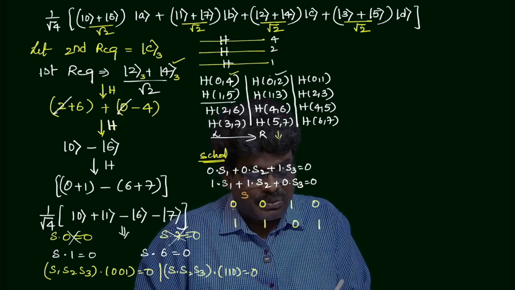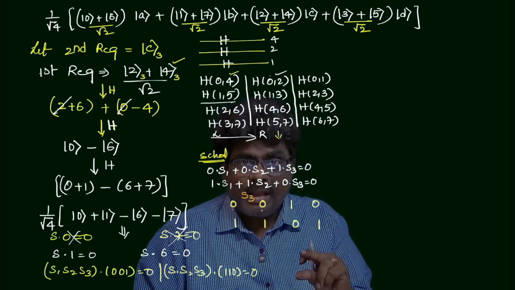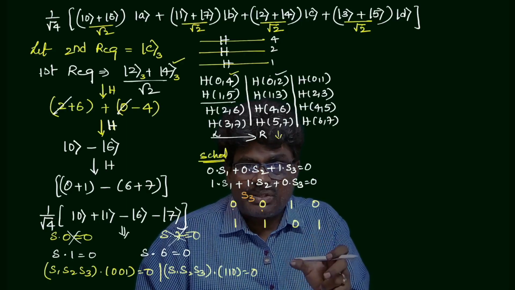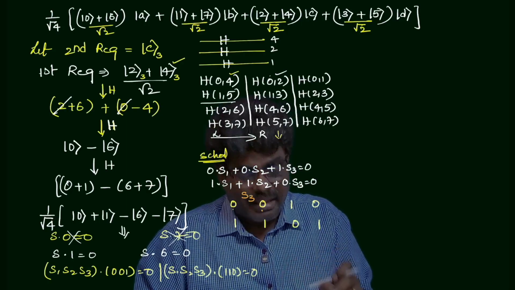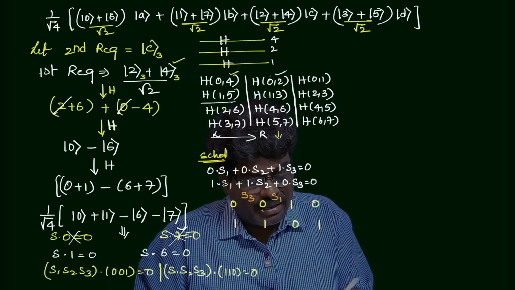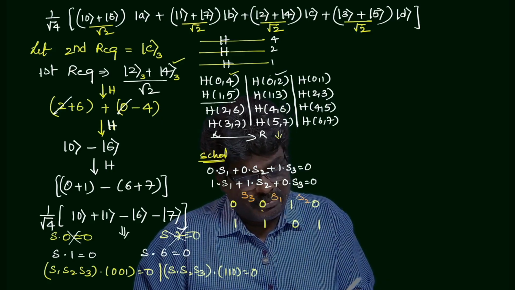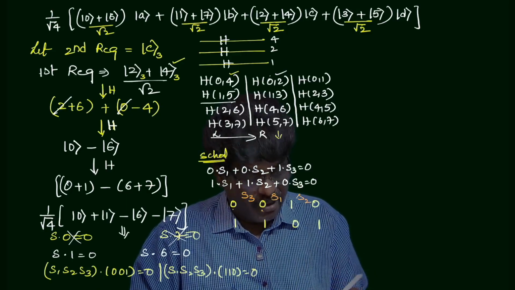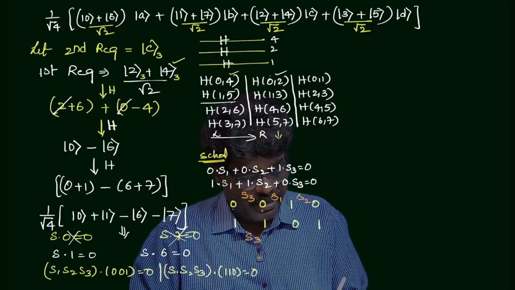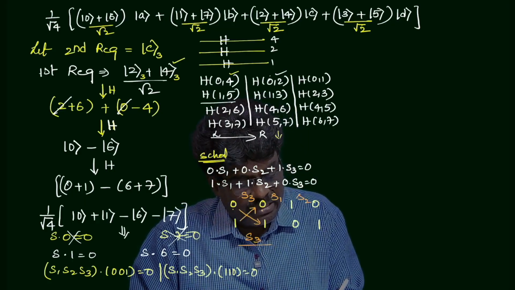Here it is S1 coefficient and S2 coefficient, that's why it is S3. Other than that, S1, S2, what is the other one? S3. Next, S2, S3, what is the other one? S1. Next, automatically here it is S2. That's it. Now you will get S3 by taking the determinant 0 and this is also 0.